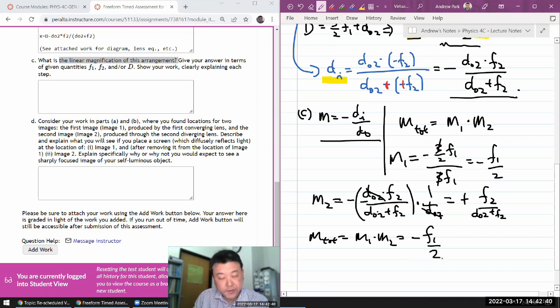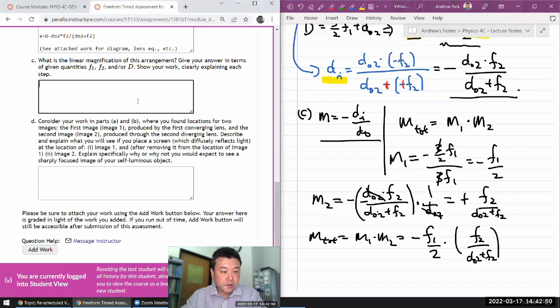So this is the magnification of the first stage times the magnification of the second stage, F2 over DO2 plus F2. The total magnification is equal to minus F1 divided by 2 times F2 divided by DO2 plus F2.